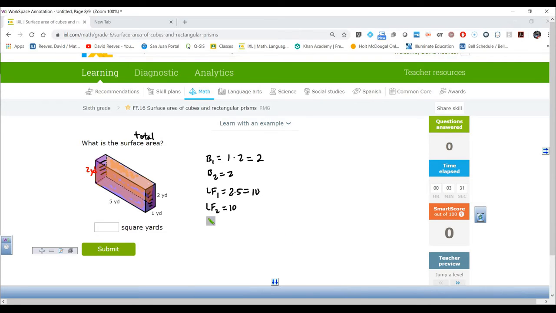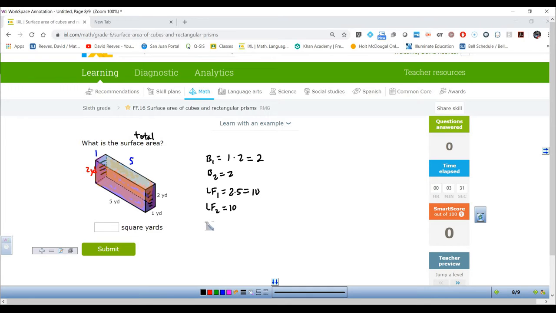So what haven't we done yet? We've done this base and this base. We've done this face and this face. We haven't done the top and the bottom yet, right? So this right here on the top, kind of not super easy to see. I'm coloring blue over the orange, right? That one right there, what do we have? It's this right here, which is 1, and this right here, which is 5.